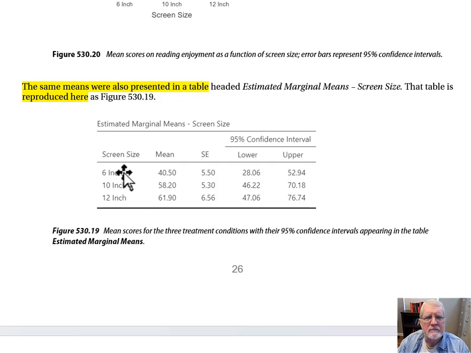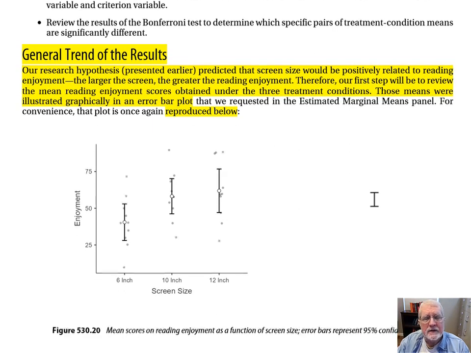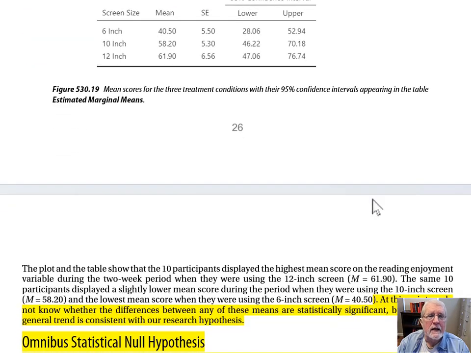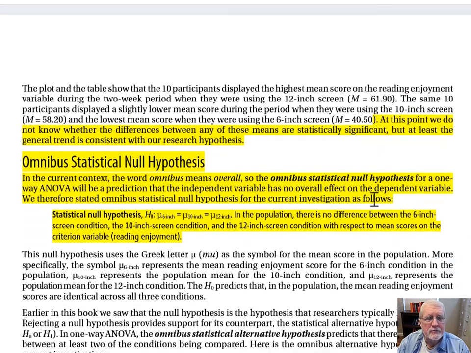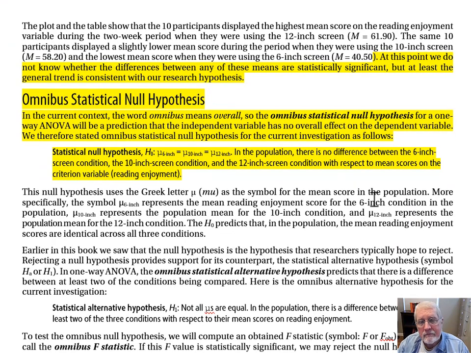The mean enjoyment score displayed when they're in the 6-inch condition was 40.50. When they're in the 10-inch condition, 58.20, and so forth. So we have seen the general trend of the results. It's encouraging. It's not perfect, but it is at least to some extent supportive of our original research hypothesis. Our original research hypothesis was basically the bigger the screen, the higher the reading enjoyment scores.